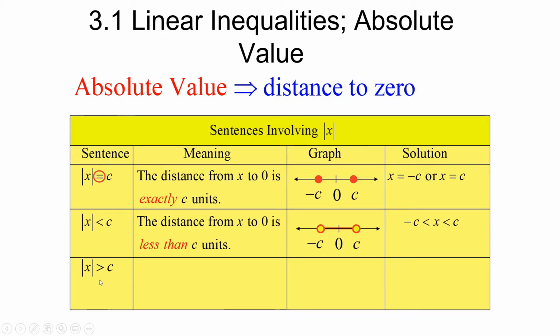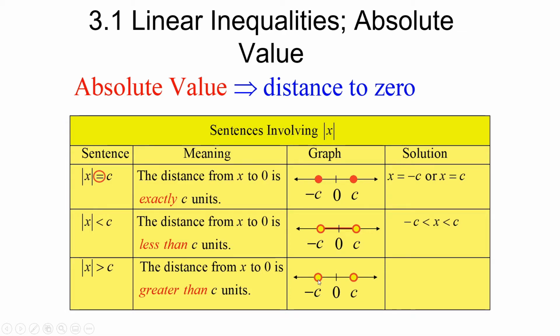Now, how about this one? The distance from x to 0 is greater than c. So the distance from x to 0 is greater than c units. So same graph, and we're going to go the opposite of c on the left and c on the right. And now we are greater than, so it's still open dots.